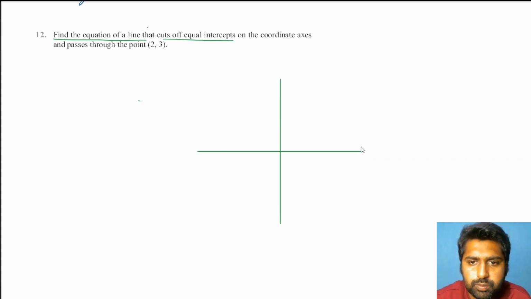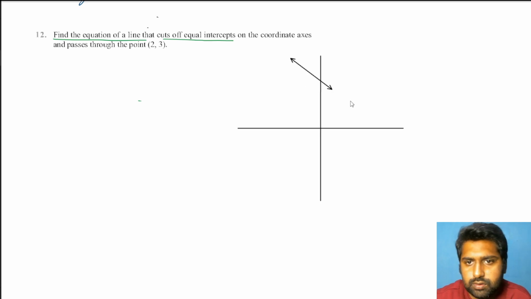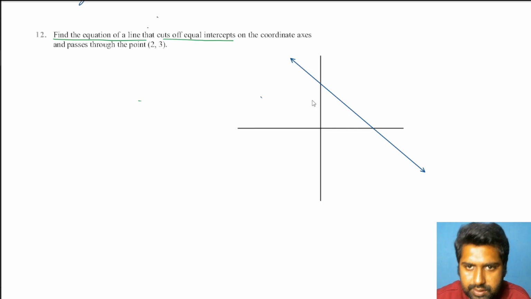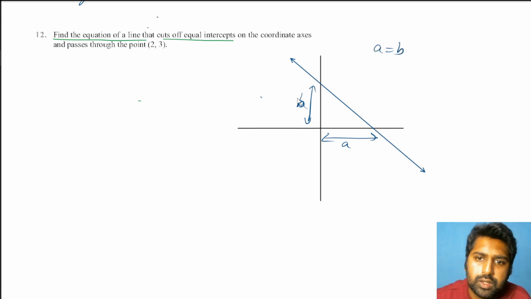Intercepts means he is talking about both x-axis and y-axis. So it's a standard intercept form. Right, let's draw. You can see a lot of time I'm drawing this so that you are able to understand. This time both your intercepts are A. Usually we say A and B, but he is saying equal. That means A and B are equal.